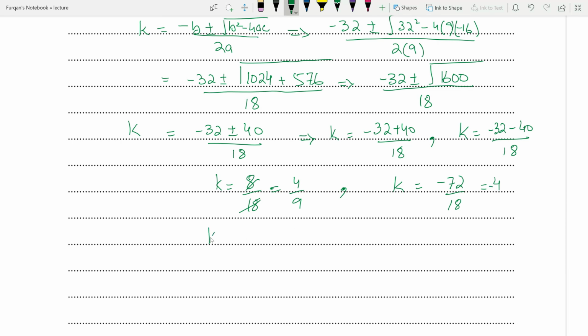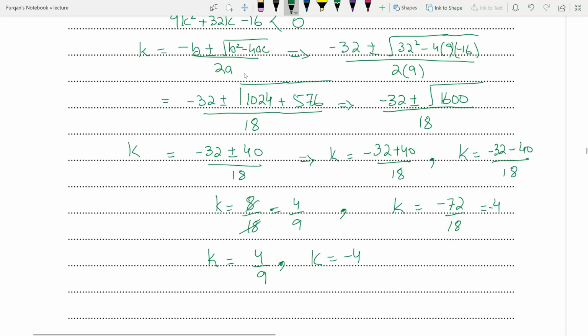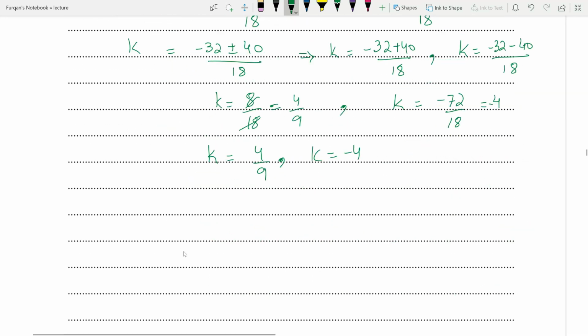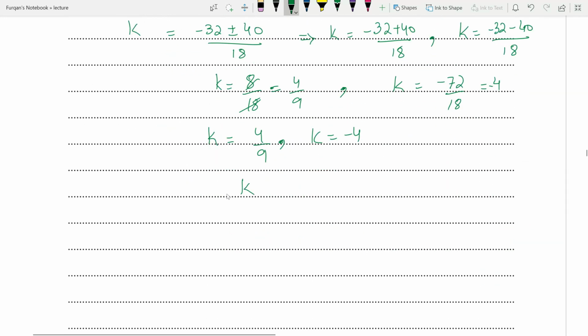So we have k equal to 4 over 9 and k equal to negative 4. So in this inequality, k will be greater than negative 4 and less than 4 over 9.